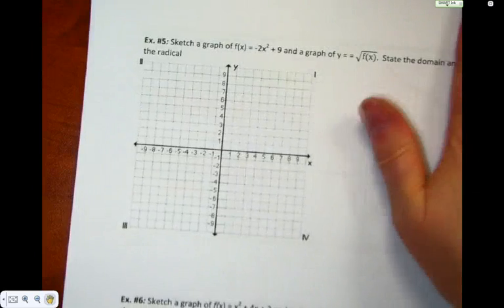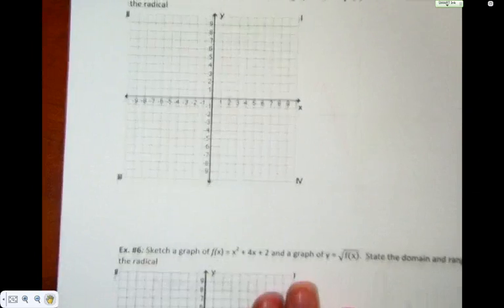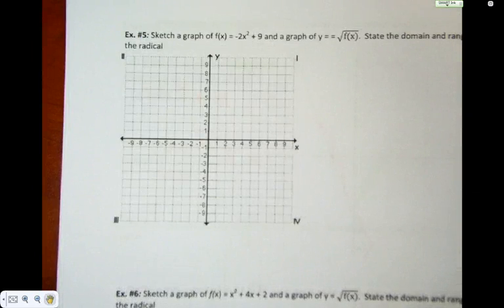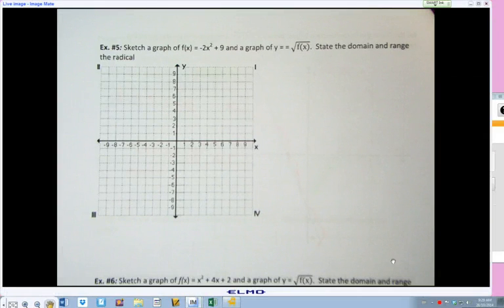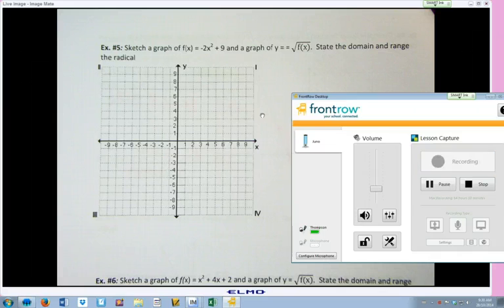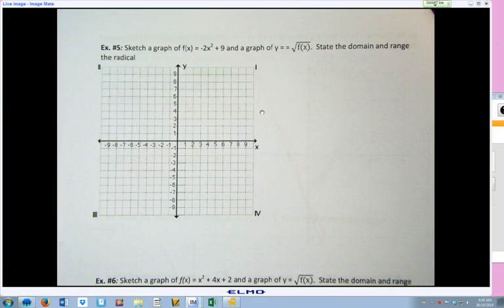Okay, let's do a couple more parabolas. Go ahead and sketch the parabola. So by yourself, with a friend, whatever you want. Okay, tell me how to draw it. Imagine I've never seen a parabola. Tell me how to draw this.